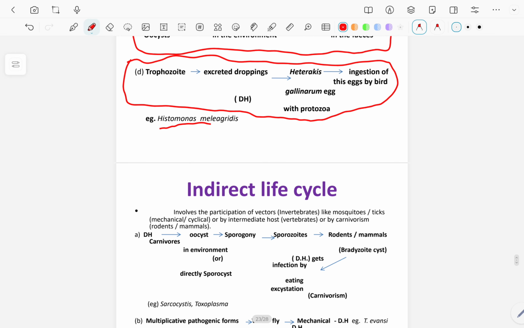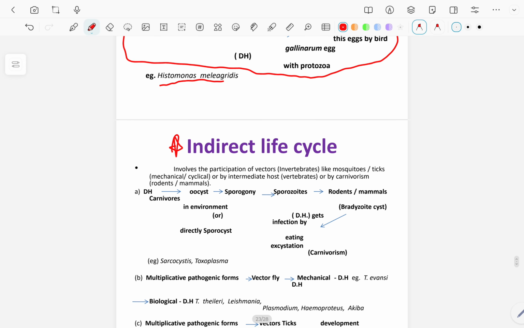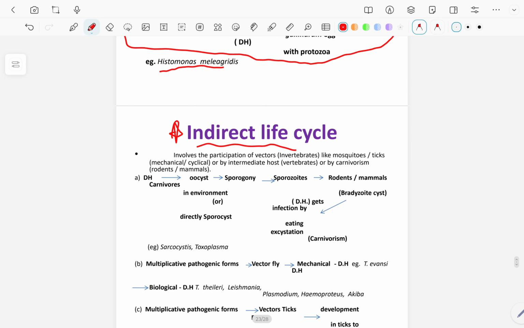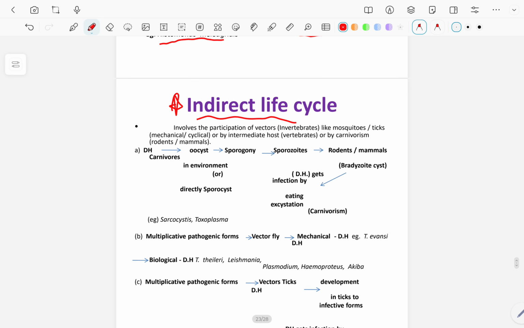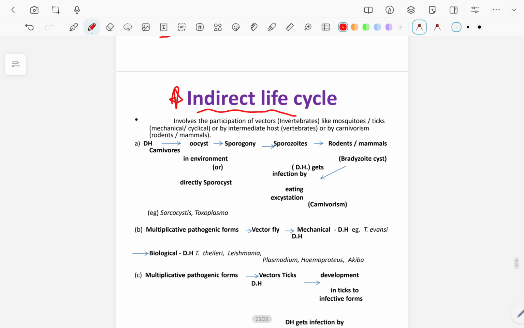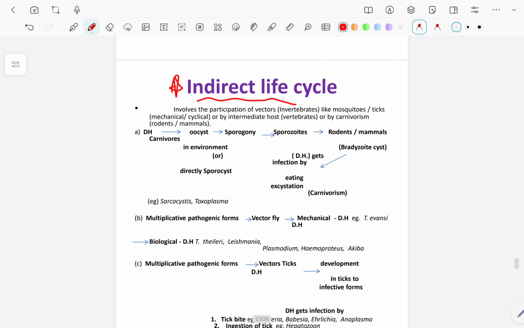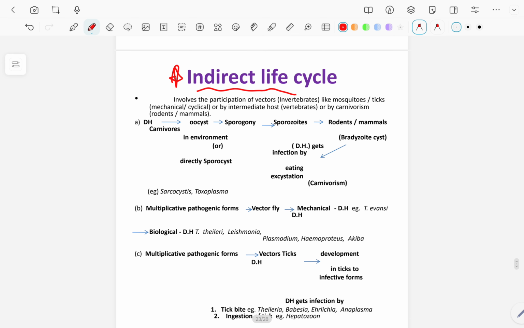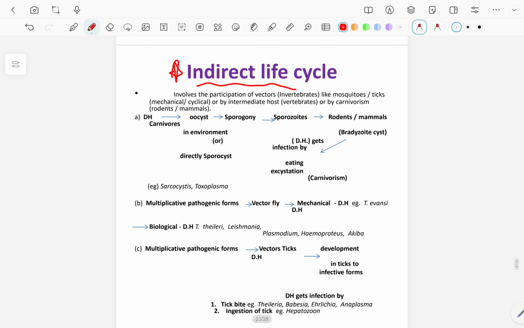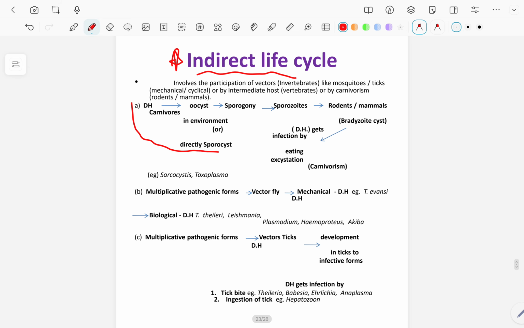Example: Histomonas meleagridis. Indirect life cycle: involves the participation of a vector, an invertebrate like mosquitoes or ticks, mechanical or cyclical, or an intermediate host vertebrate, or carnivorous rodents or mammals.